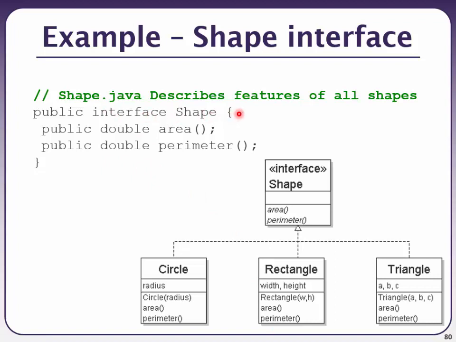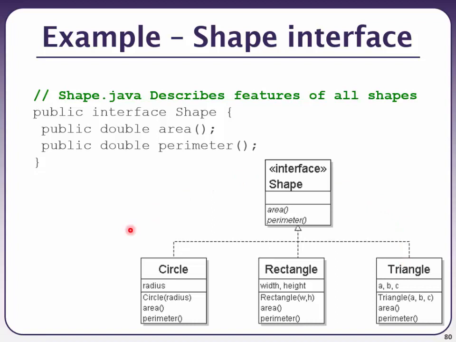Interfaces, by the way, just like classes, go into their own .java file, so the rule is the same. One public interface per .java file, and the name of the file needs to match the name of the public interface defined in it. And then we have our two methods, area and perimeter. None of them takes parameters, both of them return a double value.